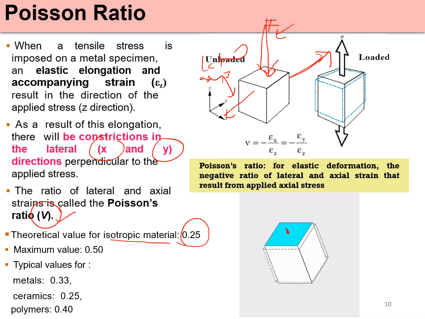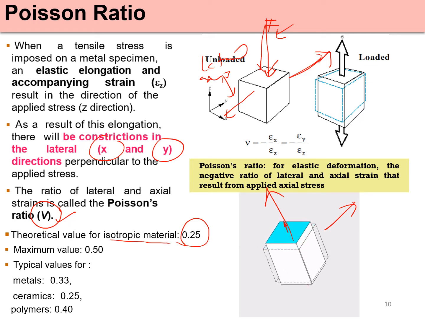Anyway, the Poisson ratio tells us how much the material will contract in the lateral direction when we pull it in the longitudinal direction. It gives information on how much it can change laterally and longitudinally.